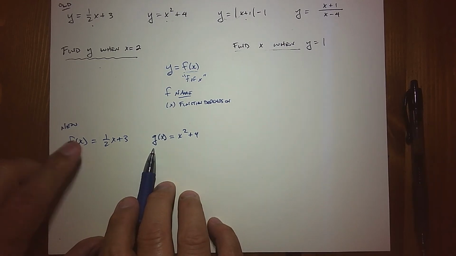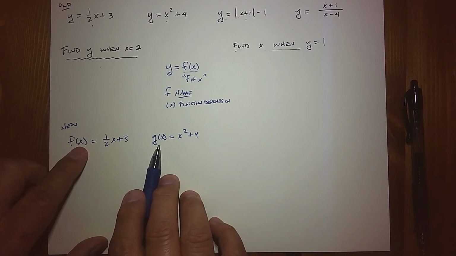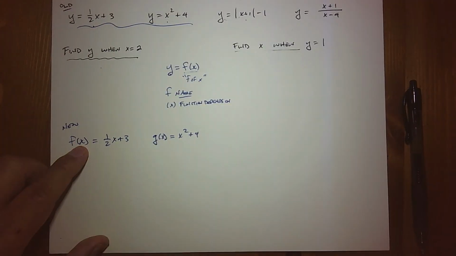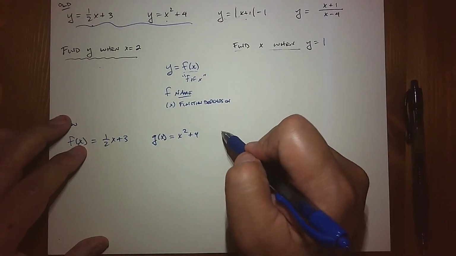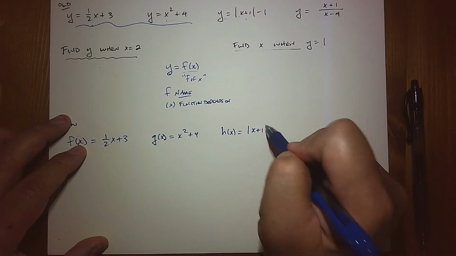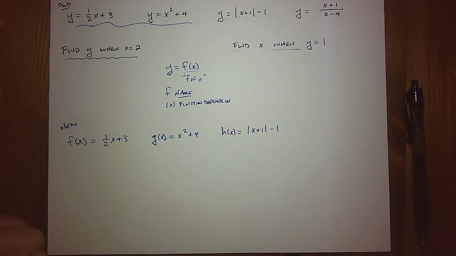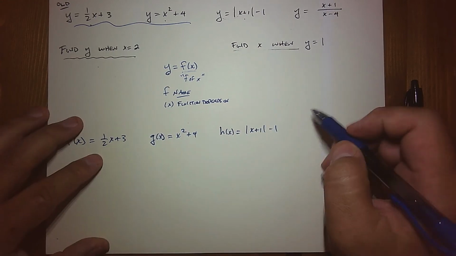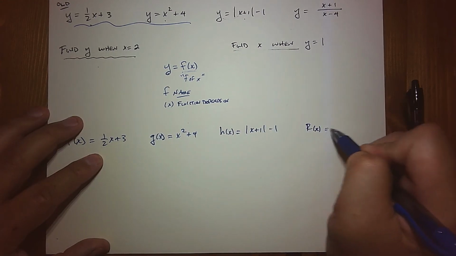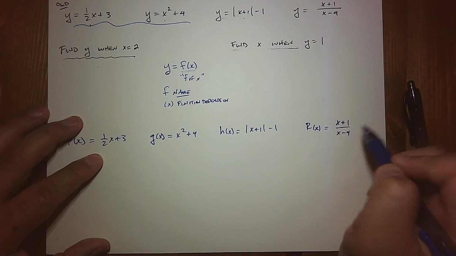This is the function named f, and this is the function named g, and they both depend on x, just like they originally did anyway, so that's not changing at all. Maybe the next function, rather than calling it y, I call it h of x. So now I've distinguished between 3 functions by using my new notation, and perhaps I call the next one r of x, just to distinguish it from the others.